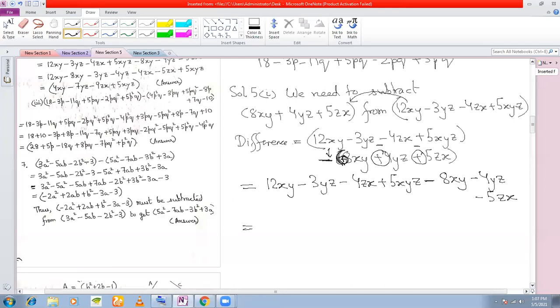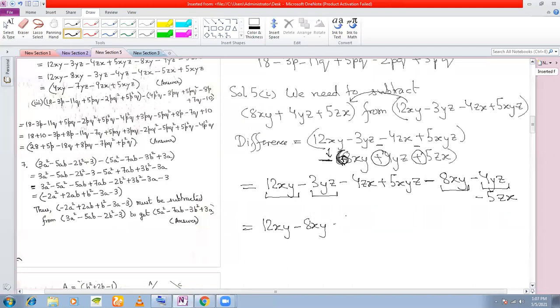Okay. Now we'll see which terms are like terms and which terms are unlike terms. You have 12xy here. Any other xy's here? Yes, there is an xy here. Any other? No. So we'll take them together, 12xy minus 8xy. Next we have a yz here. Any other yz here? Yes, there is a yz here.